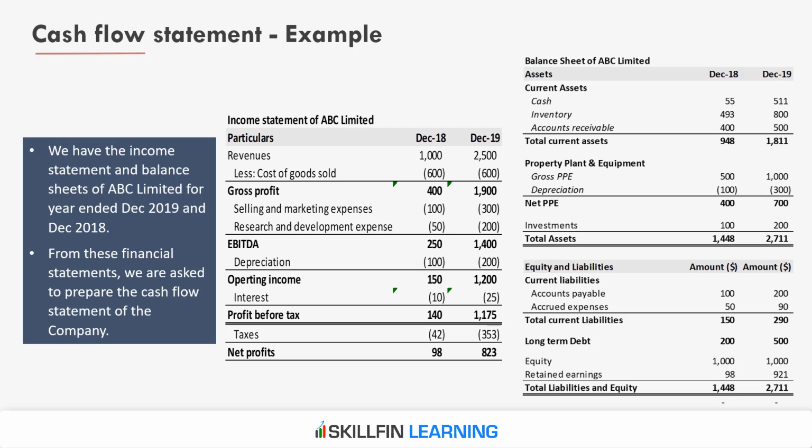We have the income statement and balance sheet of ABC Limited for the year 2019 and 2018. From these financial statements, we are asked to prepare the cash flow statement of the company. Before preparing this cash flow statement, let's understand the components of the cash flow statement.